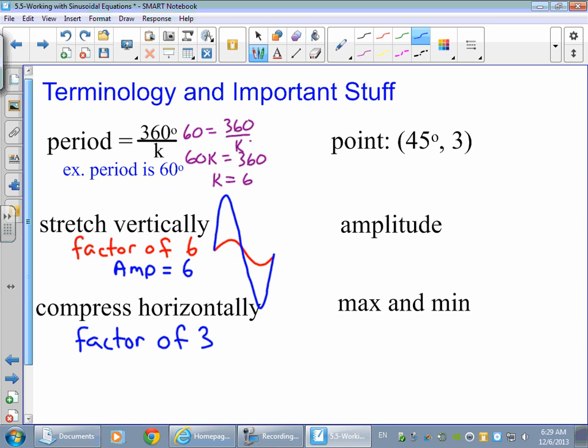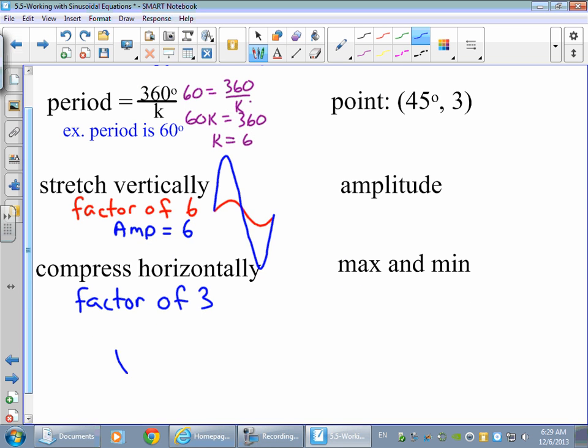means that what again used to look like this, let's see how well I can do here. If it's compressed horizontally by a factor of 3, it means that we're, not sure why I drew it that direction. It's negative now, that's fine.